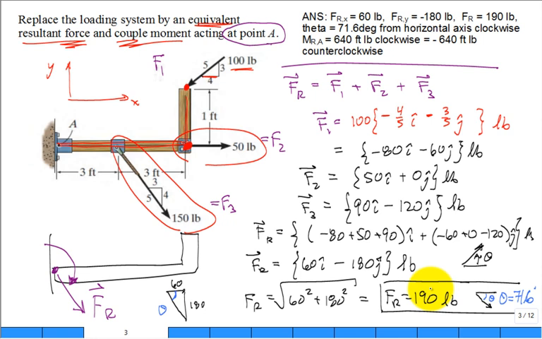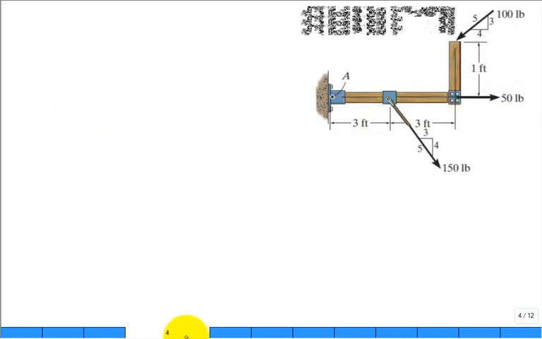Now, to solve for the second part, what is that couple moment acting at point A? What I'm going to do is I'll move to a clean sheet of paper, okay? So I'll move to a clean sheet. And here it is. And so we still have our force 1, 2, and 3. And just as we had for the sum of the forces in the system, we replace it by a single resultant force.